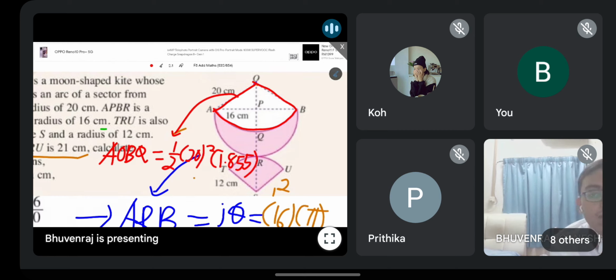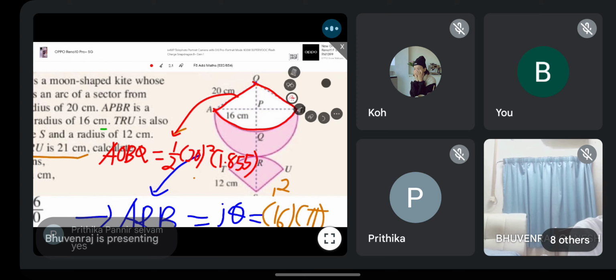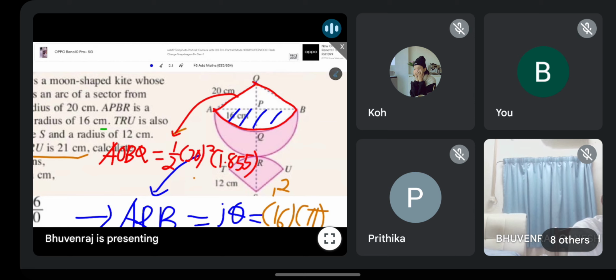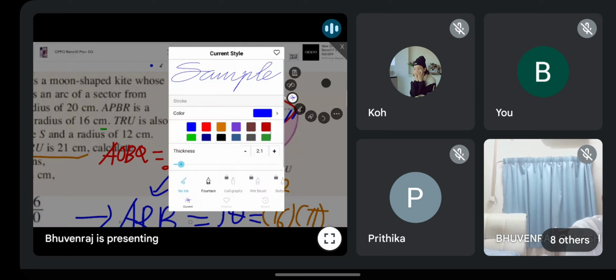Okay, so this is to find the area of sector AOBQ. So first part, can you all understand how to count the area of sector AOBQ? Should be no problem, this one is basic. Then second part, if you want to get this area, I need to minus the green area, which is this one.